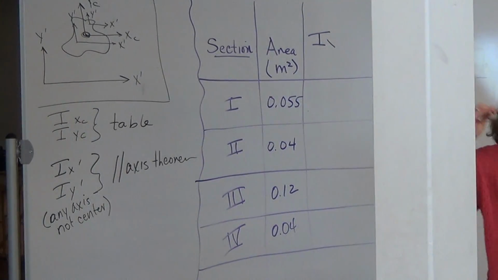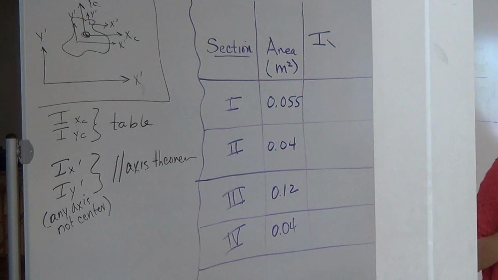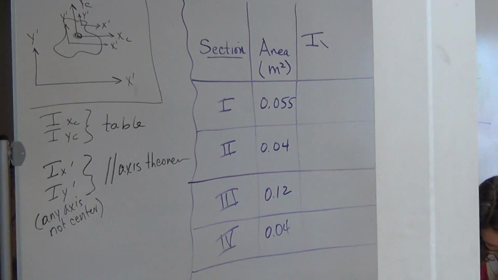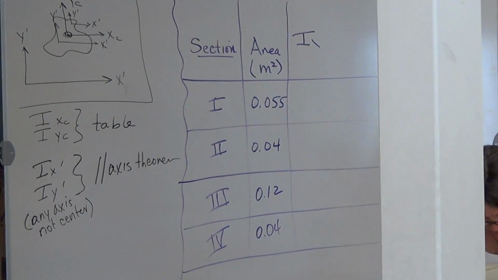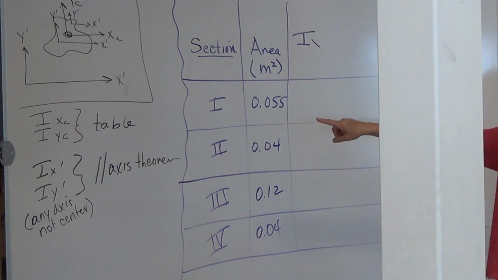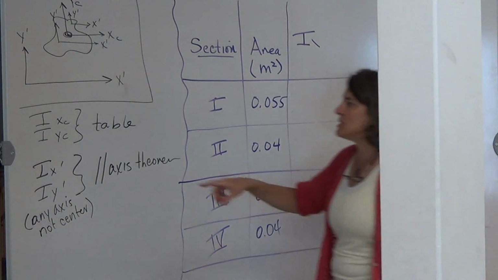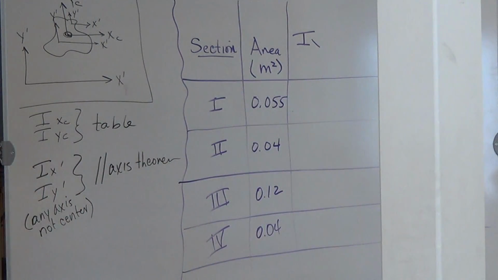Let me just put my glasses on, I'm sorry. Yeah, they want us to find it about the centroid. So locate the centroid, which is y bar, and then they want you to find the moment of inertia about the y bar. So they want us to find the moment of inertia about the center of the composite body, right? Which we know is 0.18, right? So this is where we want to find the moment of inertia.